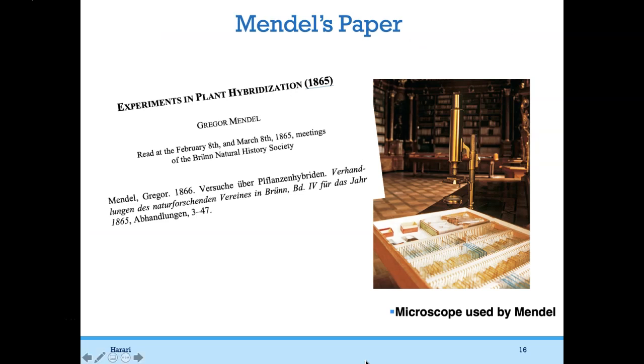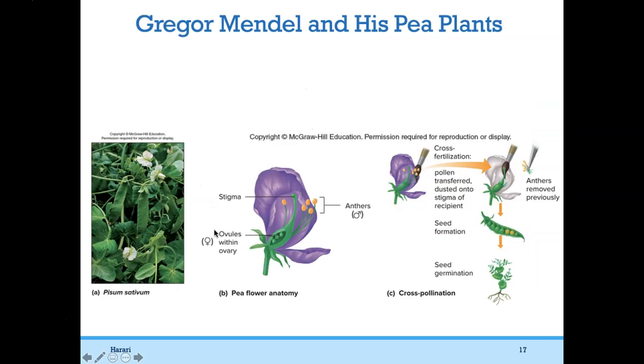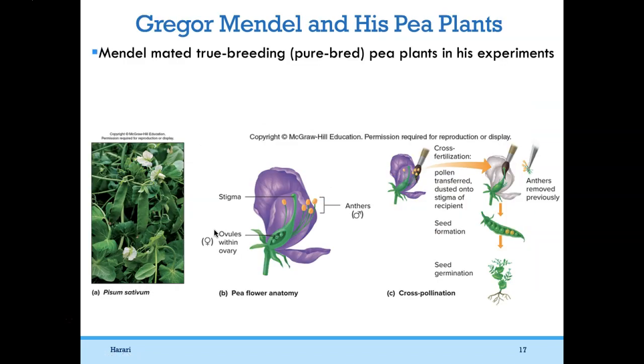So Mendel didn't even need to use a microscope for a lot of his work, but this was a microscope used by Mendel. This was his paper that he published. And like I mentioned, he used pea plants. And a pea plant is like any other flower.